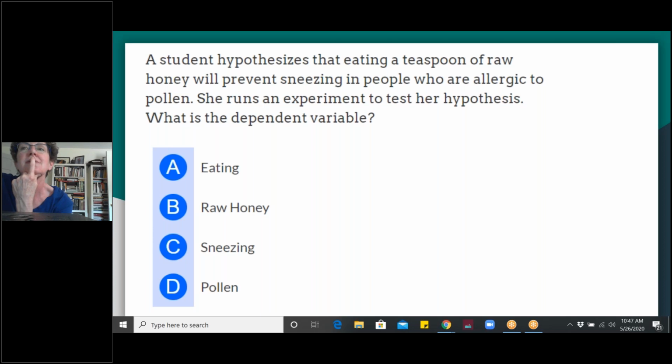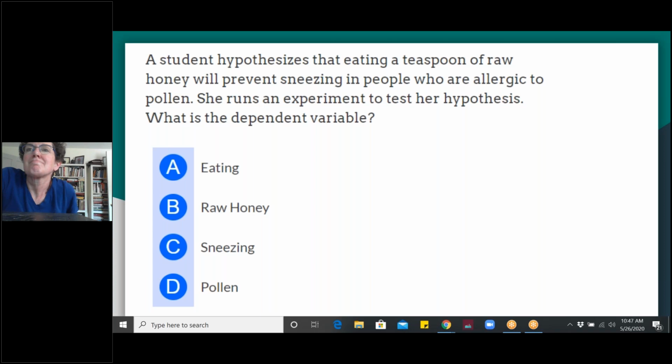A student hypothesized that eating a teaspoon of raw honey will prevent sneezing in people who are allergic to pollen. She runs an experiment to test her hypothesis.